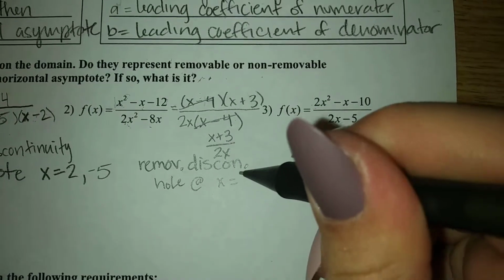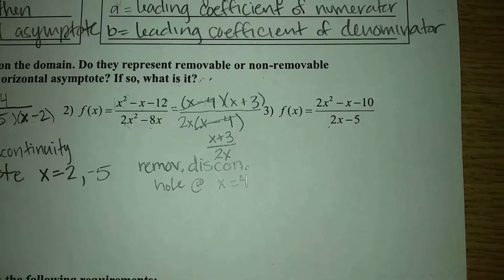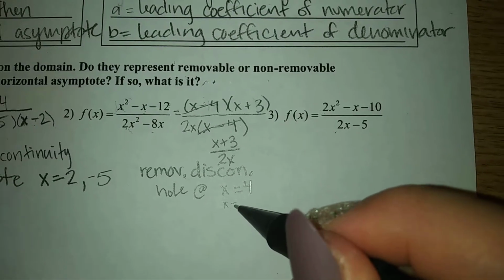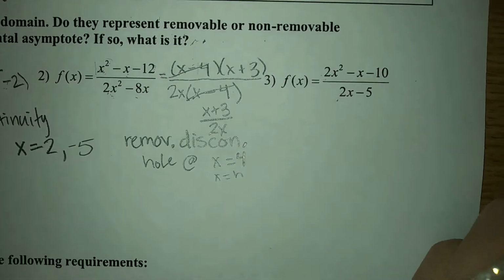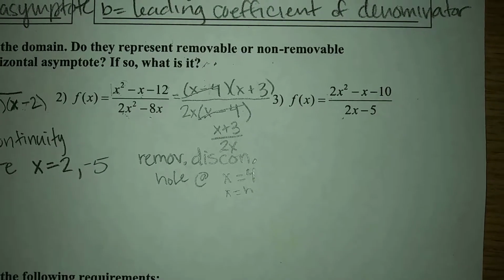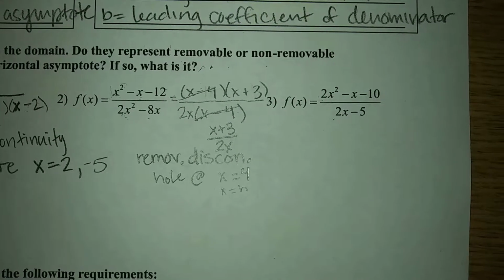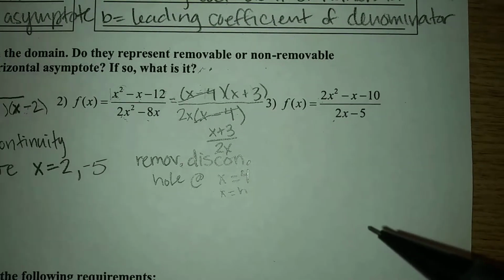So my h value was 4. Remember, because it should be x equals h. So my hole is at x equals 4, and now I have to see if I have a horizontal asymptote or not.